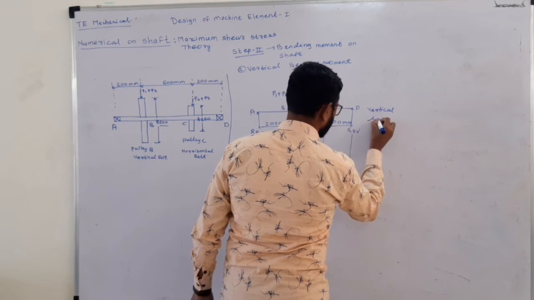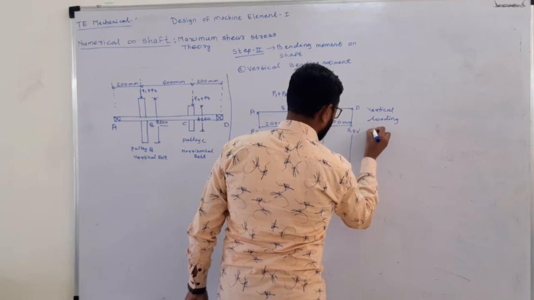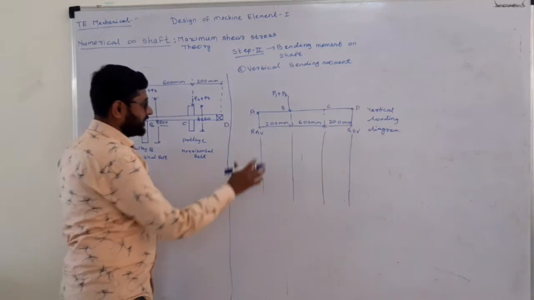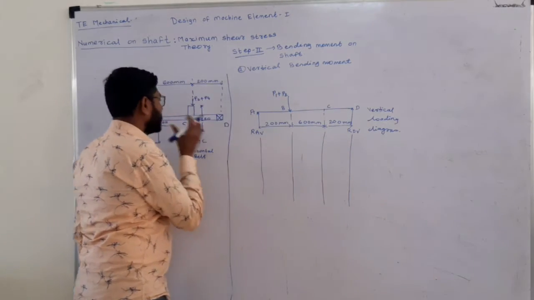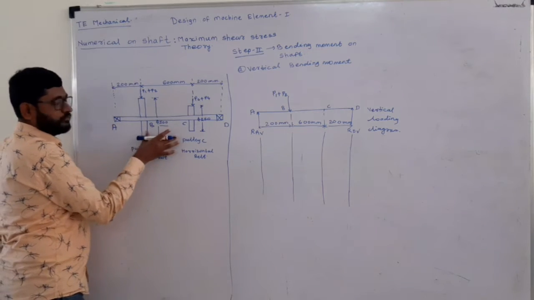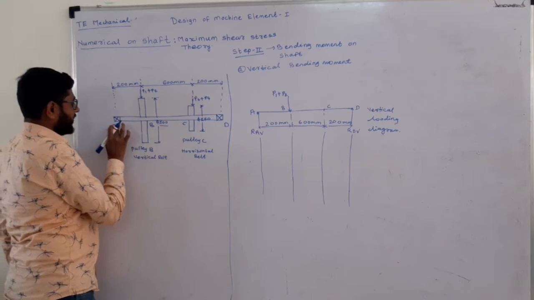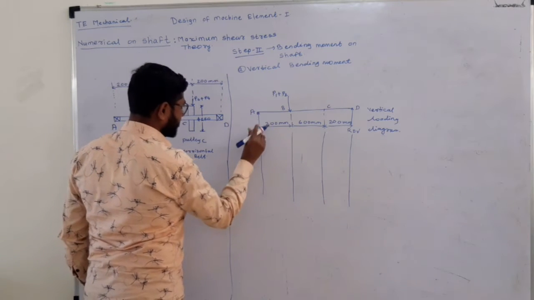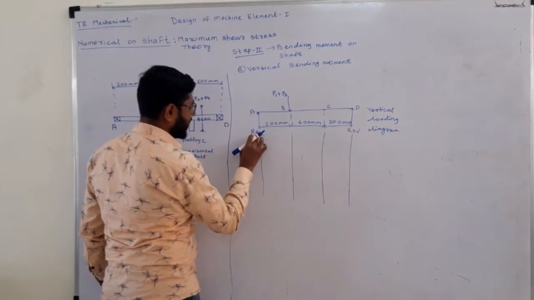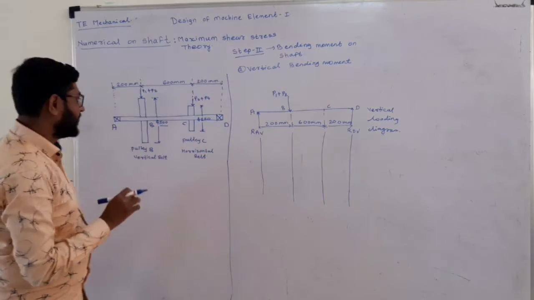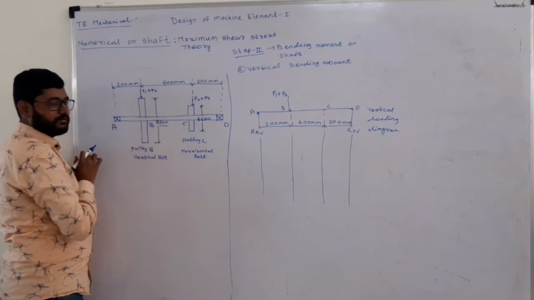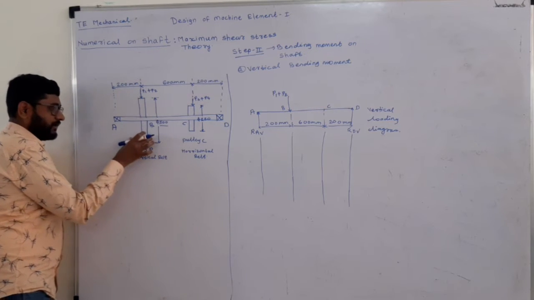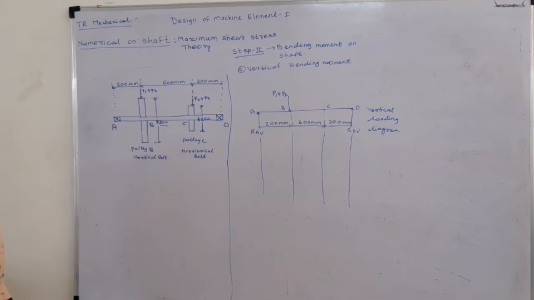Vertical loading diagram. In this diagram, in this numerical, points A and D have reactions. So here we have to consider reactions at points A and D, RAB and RDB. It is given in the numerical that on pulley B there is a belt, and for the belt two tensions are acting, P1 and P2.